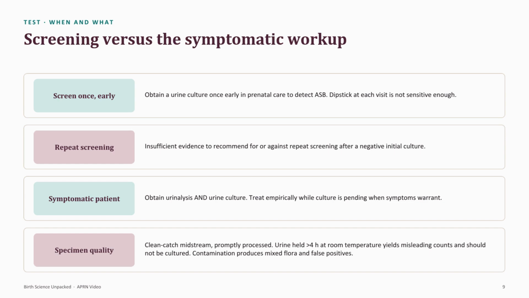And contamination produces mixed flora and false positives. I do have one caveat. When you order a UA and a culture, usually it is ordered as UA with reflex. I don't order reflex. I go ahead and order the UA separately and a urine culture separately.